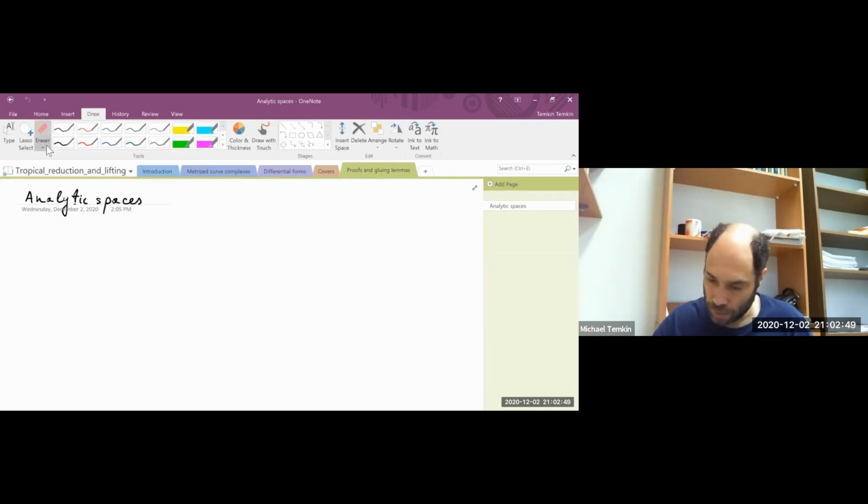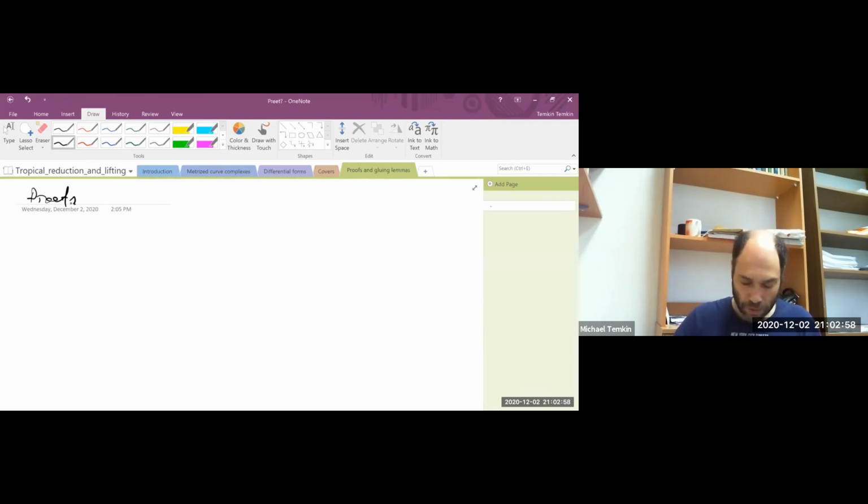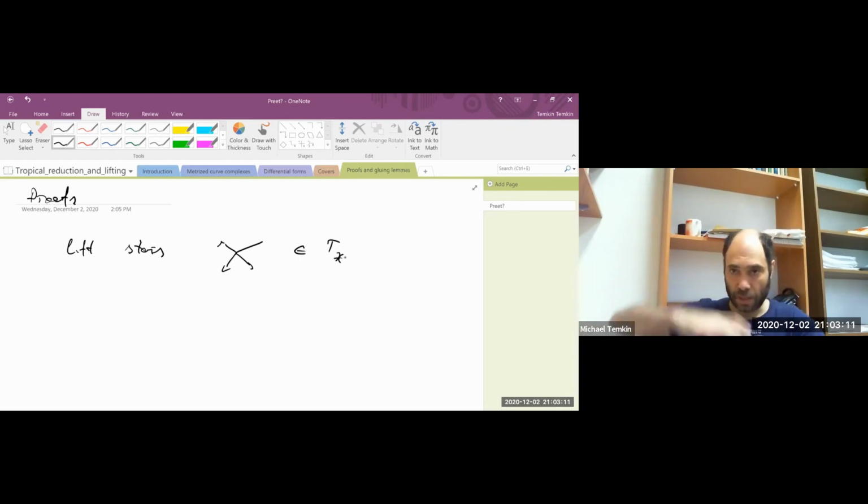And finally, I'll just say two words about proofs. In both cases, we just lift stars in the graph, or maybe in two graphs, compatible stars.